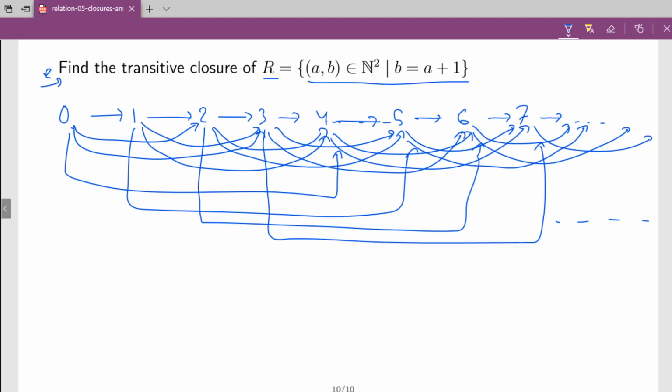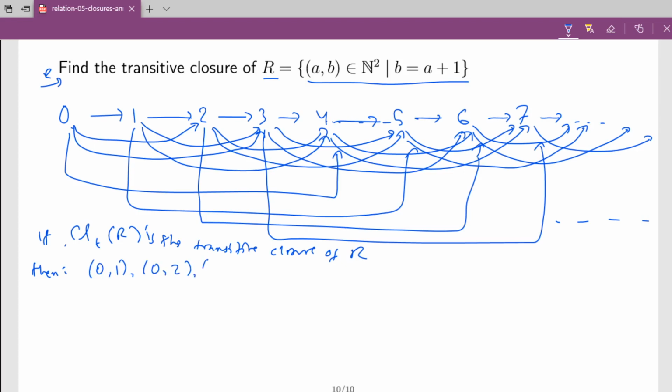So that means, if this is the transitive closure of R, then for example (0, 1), (0, 2), (0, 3), and so on are in the transitive closure of R, right?